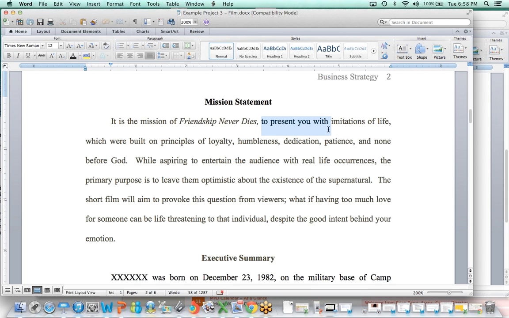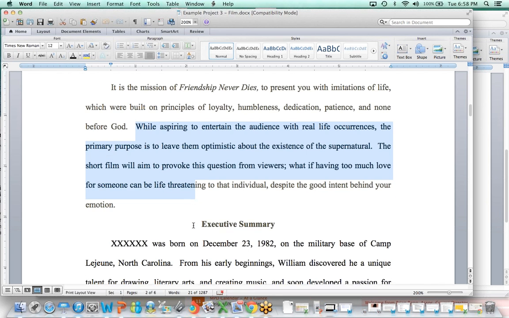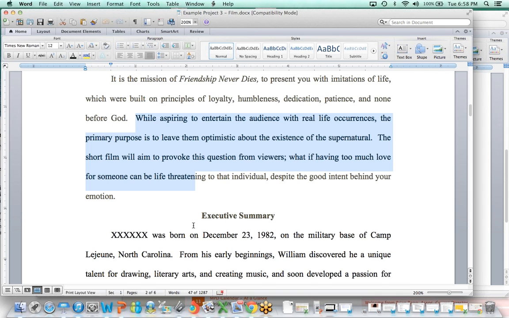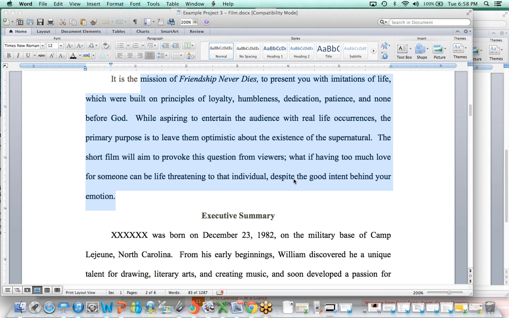In this case, to present you with imitations of life, which were built on principles of loyalty, humbleness, dedication, patience, and none before God. If I remember correctly, I think this was about one of her friends suffering with cancer or something. I can't remember offhand. But the point is that the mission statement is the mission of the project, in this case, a film.